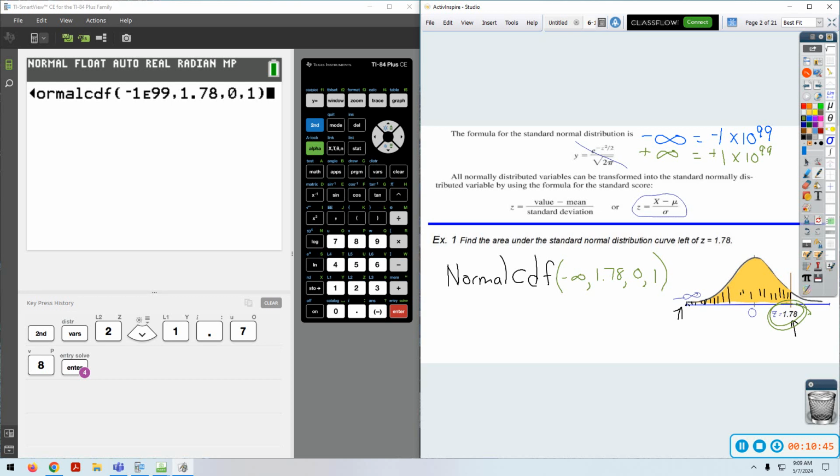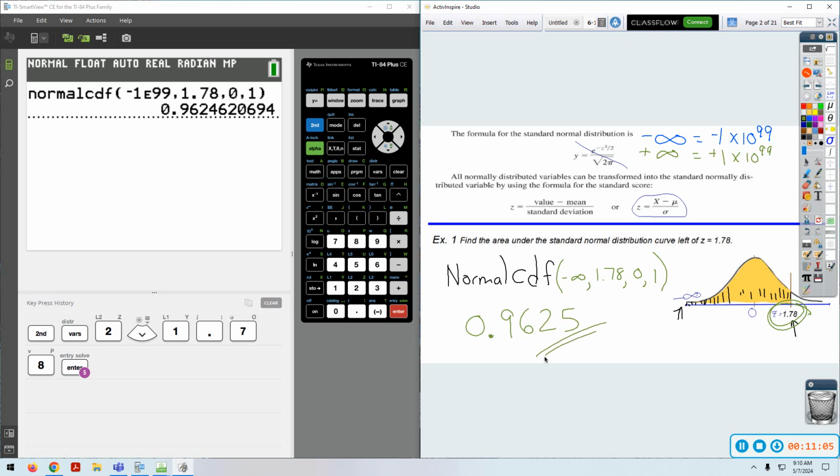When you hit enter, you end up with your area under the curve. Now, this is going to be an area. It's not a probability, so we're going to ask you to go 4 decimal places. My final answer will be 0.9625.